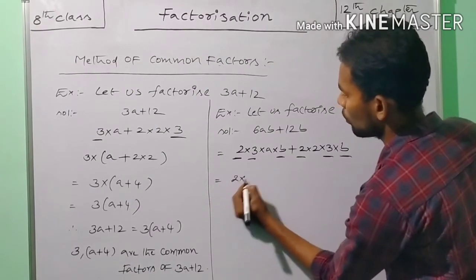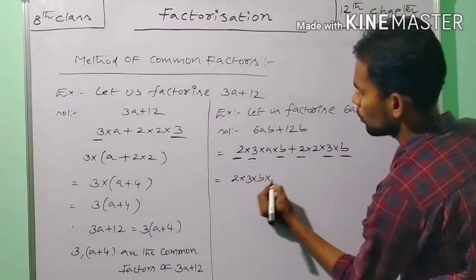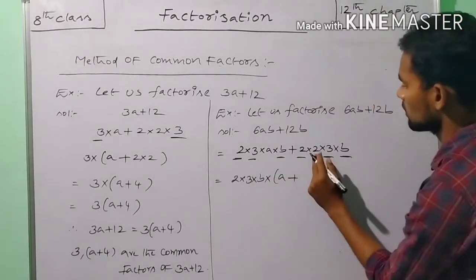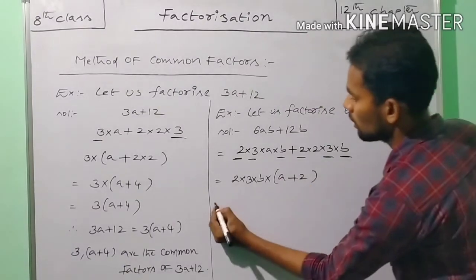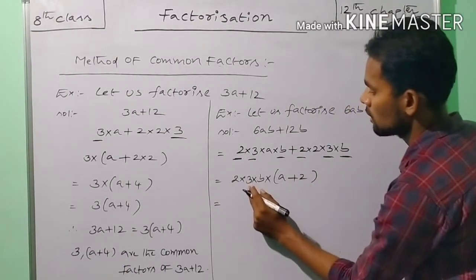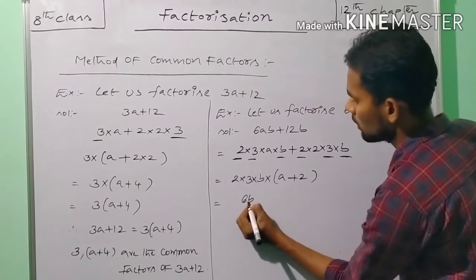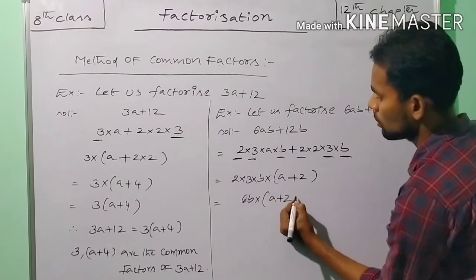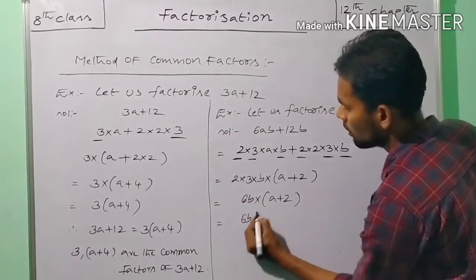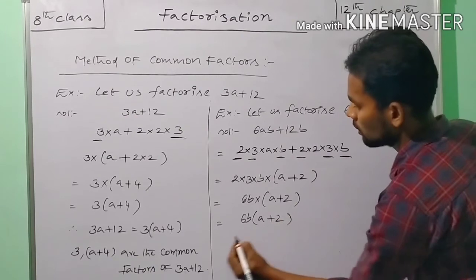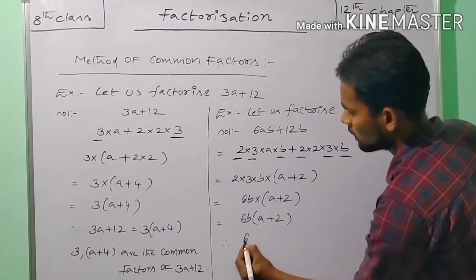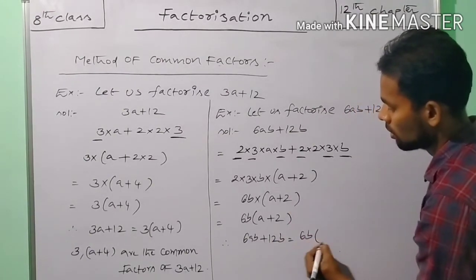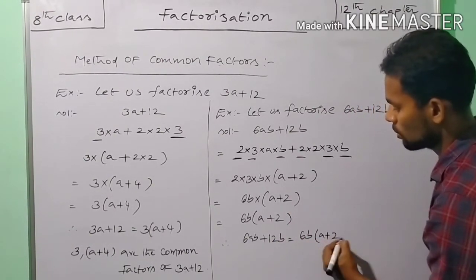Equals 2 into 3 into b into (a plus 2), 2 3s are 6, 6 into b, 6b into (a plus 2). Therefore, 6ab plus 12b equals 6b of (a plus 2).